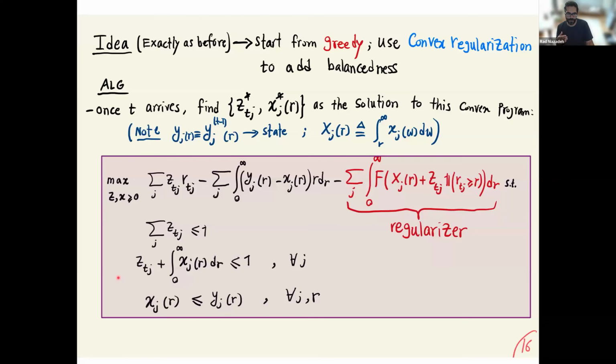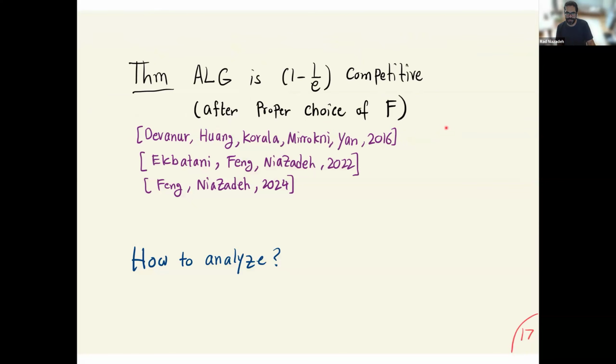It's like you run a stochastic gradient ascent, because it's a maximization problem, to solve this convex optimization. And that's essentially the algorithm in disguise that was used in this paper. And the theorem I'm going to show you, not completely, but just sketching the ideas, is that this algorithm is 1 minus 1 over e competitive.